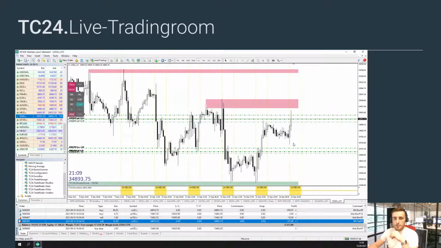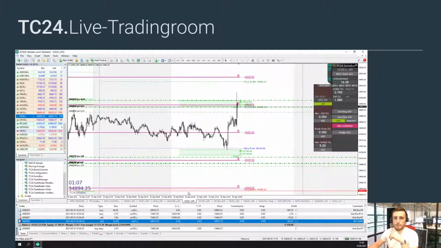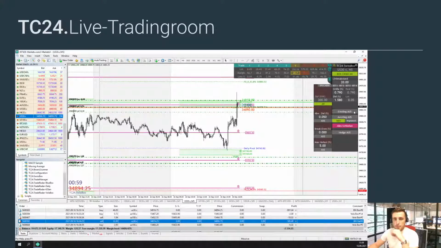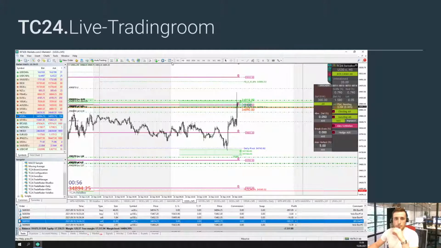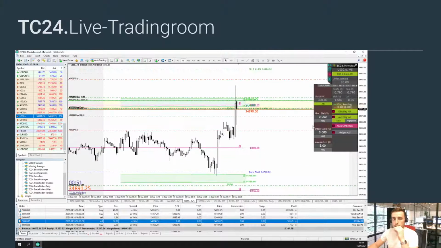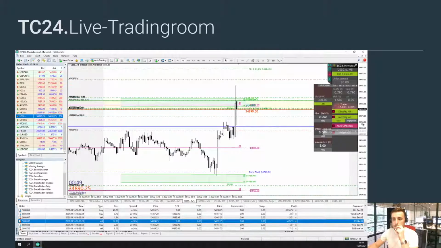So on the higher time frame, it's a clear push back up. Let's see if we can reduce that hedge now with the new functions.